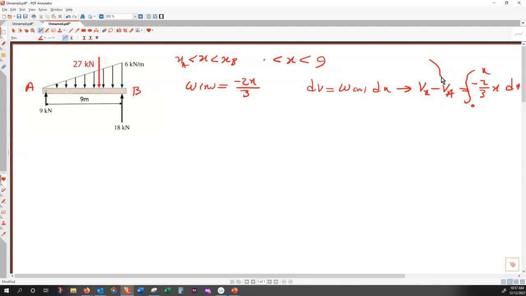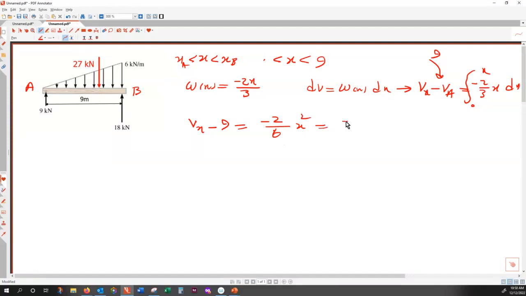So I know that V of A is equal to 9. So therefore, I can write this one, V of x minus 9 is equal to the integral of minus 2/3 x, that is minus 2 over 6 x squared.